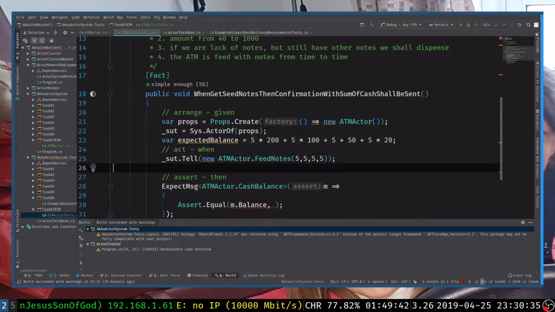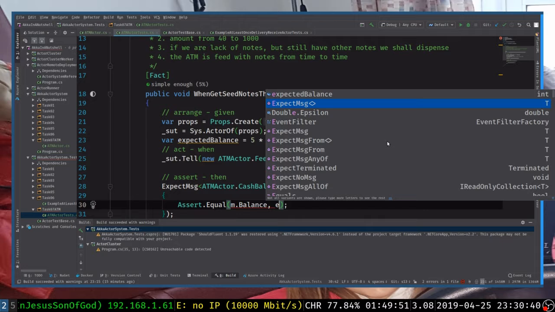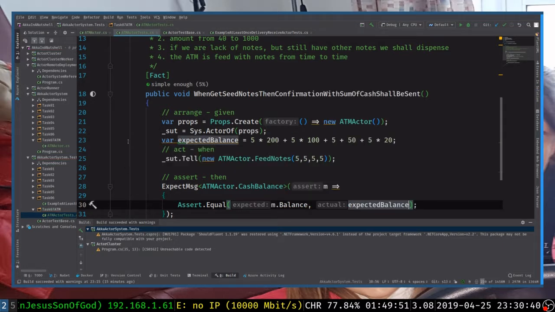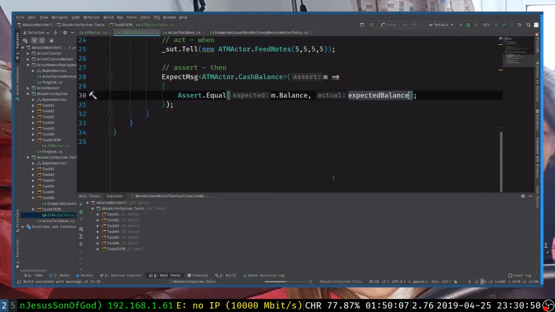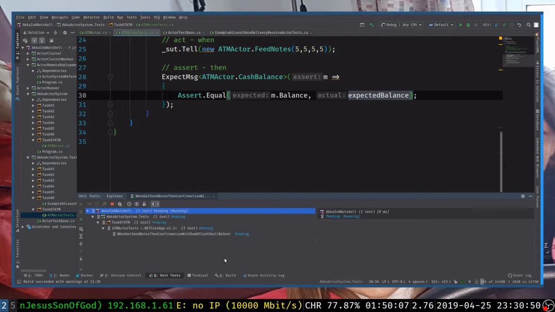Okay, and then we have expected balance. So when we run the test, it should not pass because our actor has nothing, so we get a red flag and we have the ability to fix it.